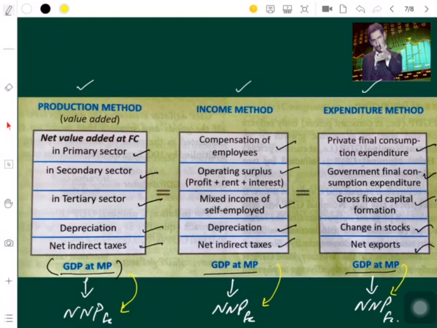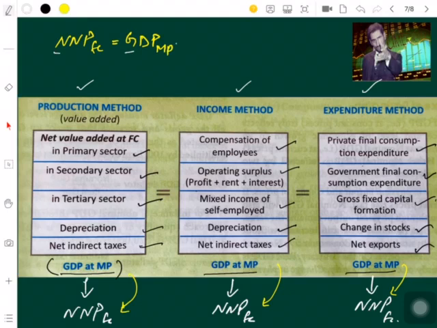How? It is very simple. You have to reach to NNP at FC. What you are acquiring is GDP at MP. I am taking you to the first class almost of the measurements. So how will you do it? Your first component is gross here, net here.